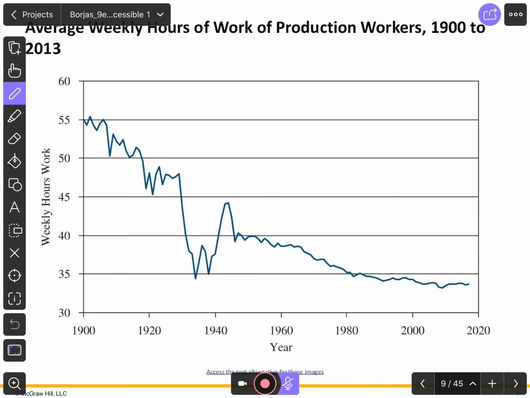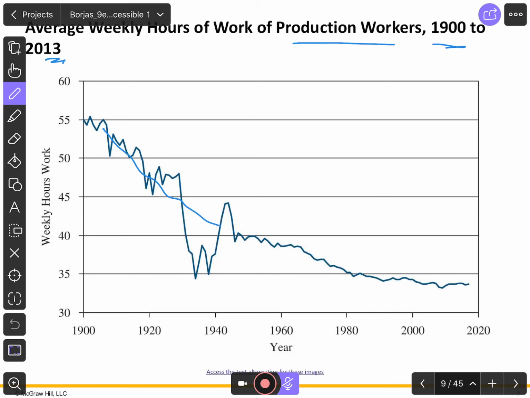Looking at the average weekly hours of work of production workers from 1900 all the way to 2013, you have all the data on the BLS all the way up to 2024. You can see here there is a decrease in the average work week.